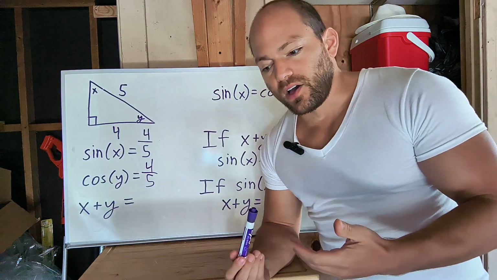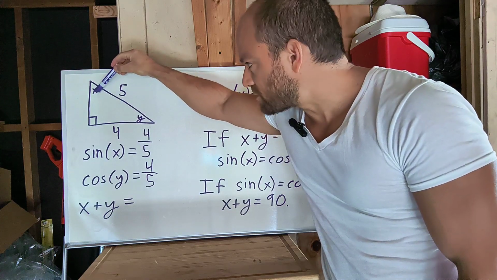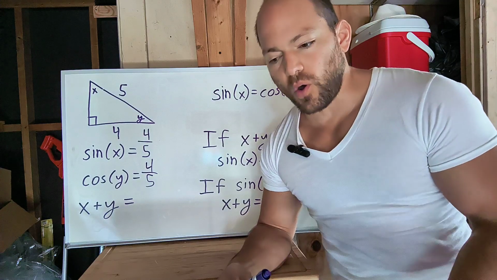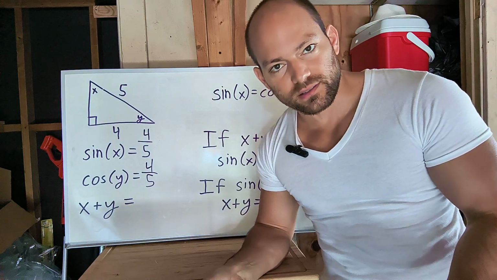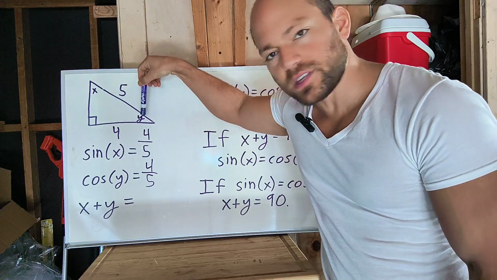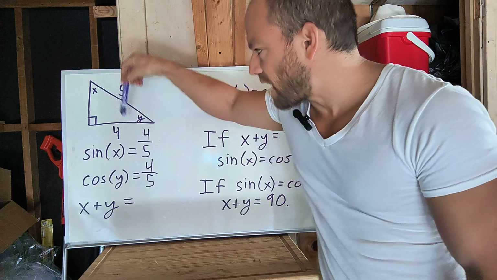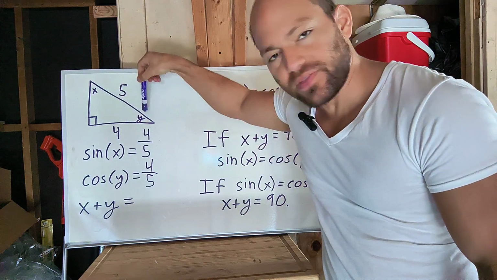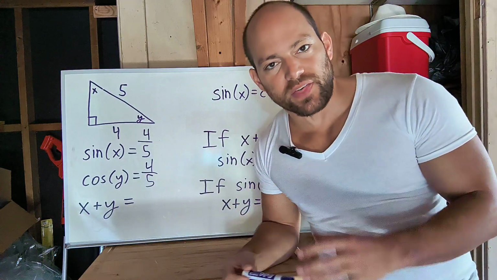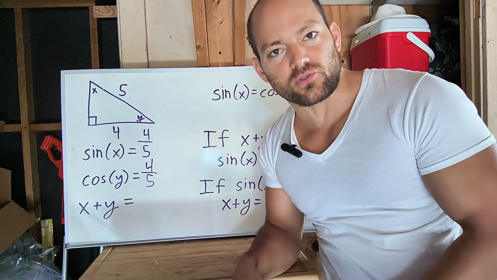Now, is it a coincidence that the sine of this angle turns out to be the cosine of this angle? Of course it's not a coincidence. This angle's sine will always be this angle's cosine, because this angle's opposite side is this angle's adjacent side. So there's always going to be that relationship between these two angles in a right triangle.